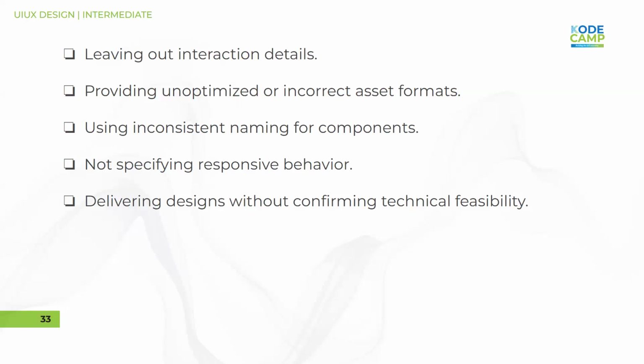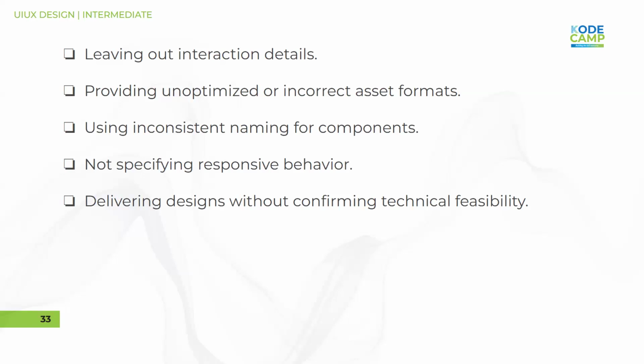Also avoid using inconsistent naming for components, like component 5, component v1, component v2 in place of button final, or call to action component. Inconsistency makes it harder for developers to link designs to code.